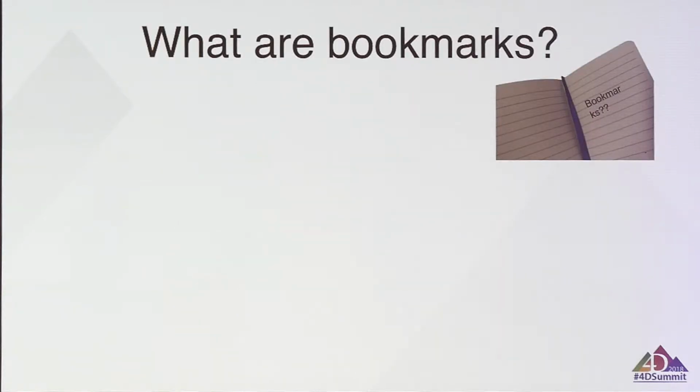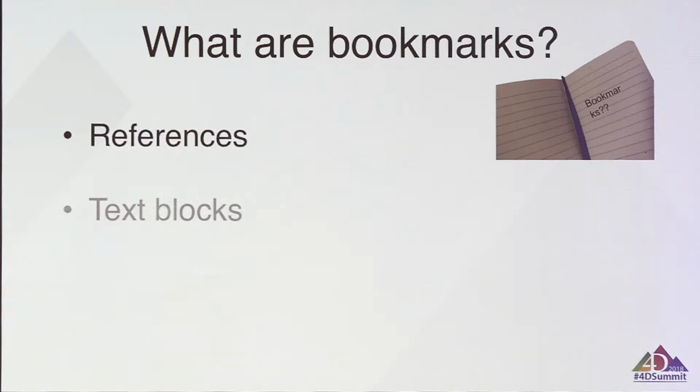Okay, the first topic, like I told, are bookmarks. What are bookmarks basically? A bookmark is a reference to a text block or a content block. So it has a start range and an end range, and everything between this range is stored in the bookmark.